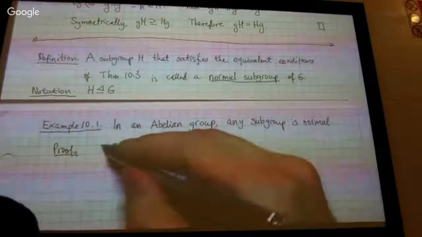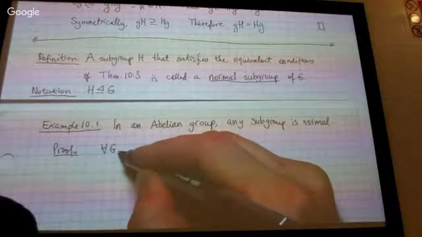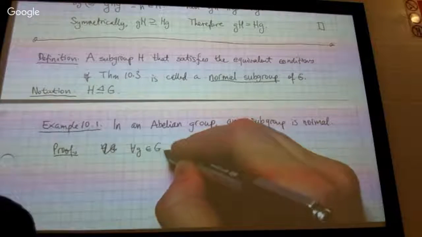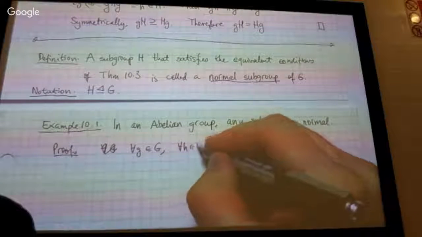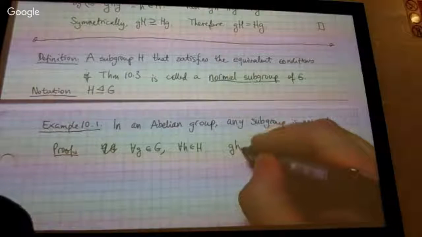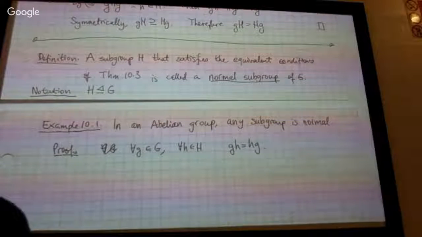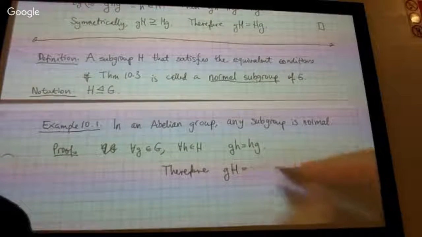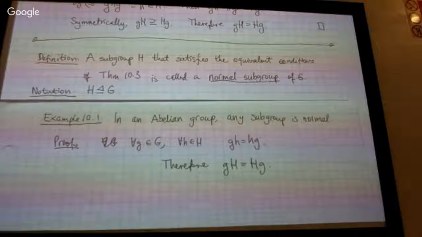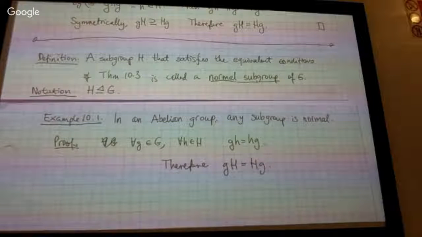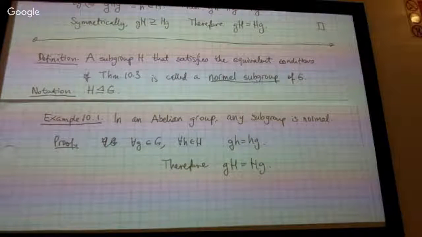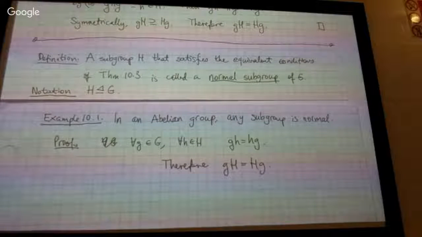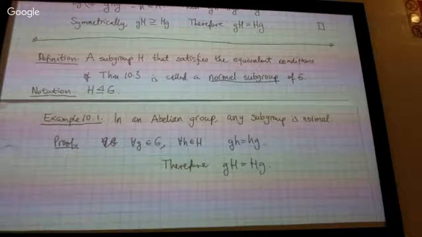Well, because if you take G and its subgroup H, and you take any element of G and any element of H, you get that GH is HG. And therefore, GH is HG. So that's a boring example. We'll see that it's useful.